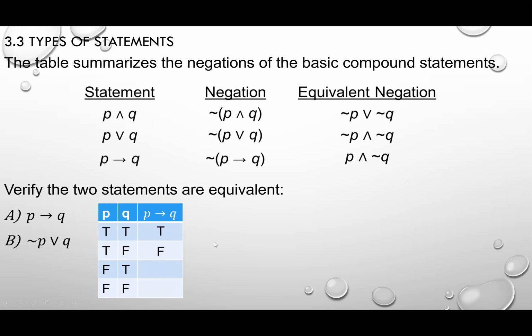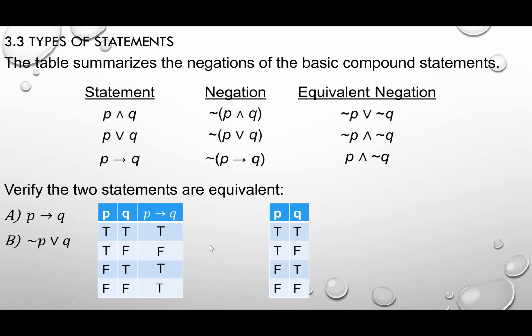This is the same as before: true, false, true, true. In order to be equivalent, this item has to be true, false, true, true. So what am I missing? I'm missing the negation of P. And the negation of P will be false, false, true, true.